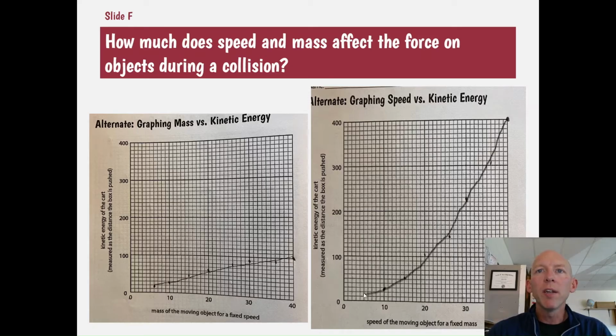And then with speed, we notice that it increases as well, but at a much greater rate. As we increased the speed and kept the mass exactly the same, the kinetic energy of the box increased at an even greater rate than when we were increasing the mass.